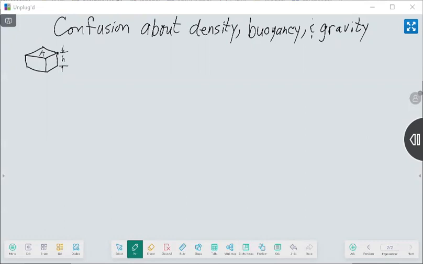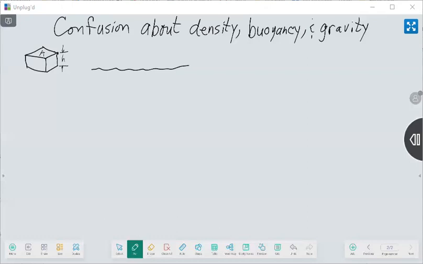One thing from Archimedes' principle, when we talk about the buoyant force, is this: let's say our object is submerged in a fluid, and for the time being, we're going to use a compressible fluid like water, just for this example.